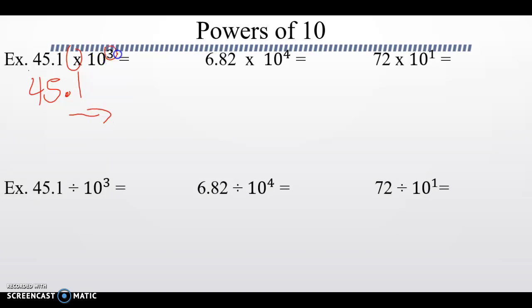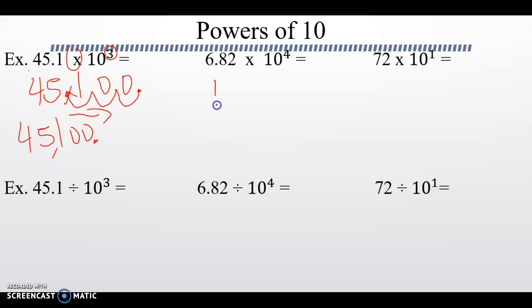My exponent is 3, so I'm moving my decimal point 3 times, and I'm going back. So 1, there's not a digit, so I need a 0. 2, not a digit, 3. Remember, you're not counting the zeros, you're counting the movements. So your decimal point is no longer between the 5 and the 1. You moved it behind the 0.